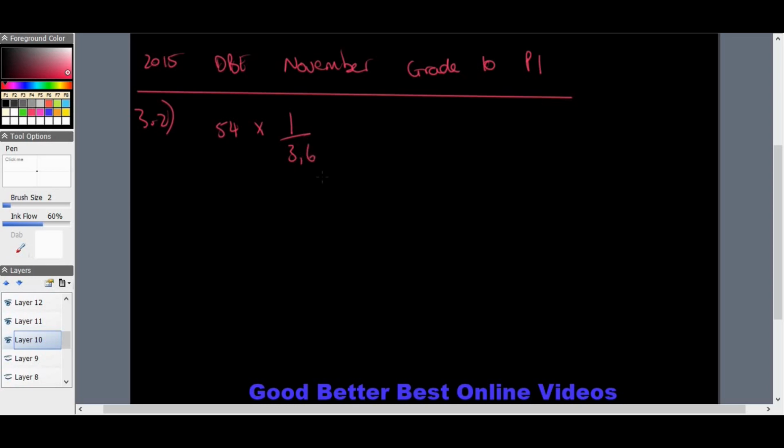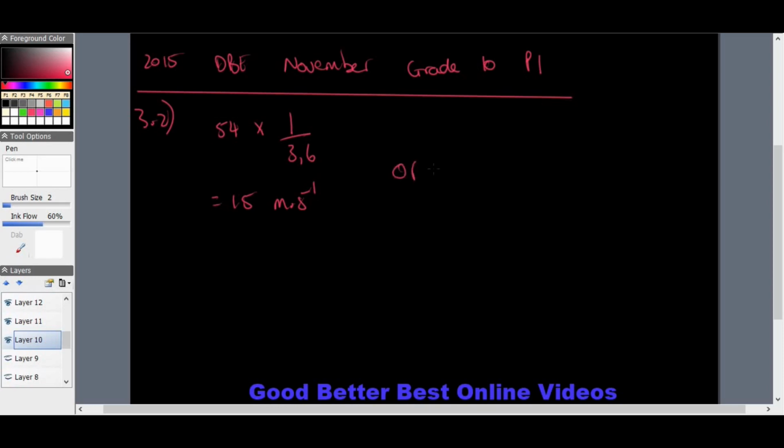Okay, it's basically like taking 54 divided by 3.6, right? And that'll give you your answer of 15 meters per second. And that's the conversion. I think I did show the conversion in class previously.